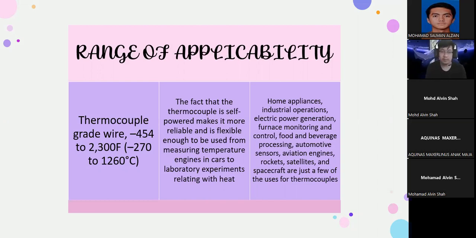Thermocouples are reliable as they are self-powered and flexible enough to measure temperatures, for example, of car engines to laboratory experiments relating to heat. You can also find them in home appliances, industrial operations, electric power generation, furnace monitoring, and food and beverage industries.